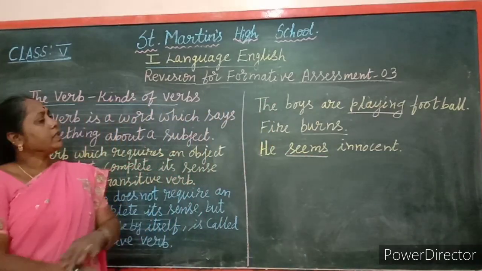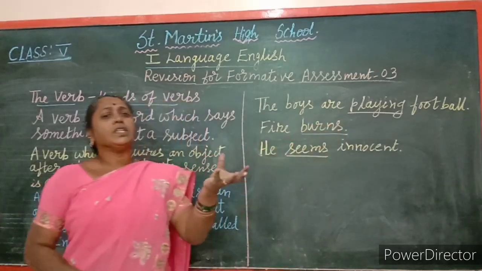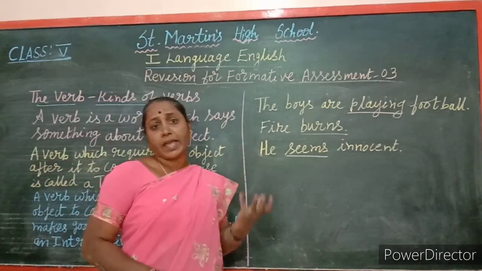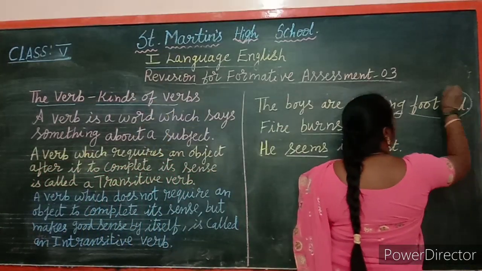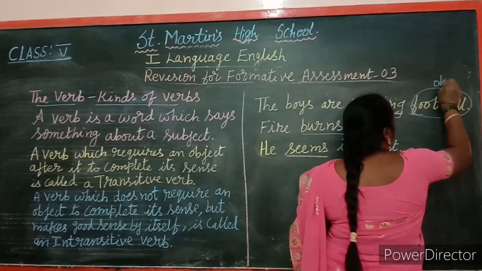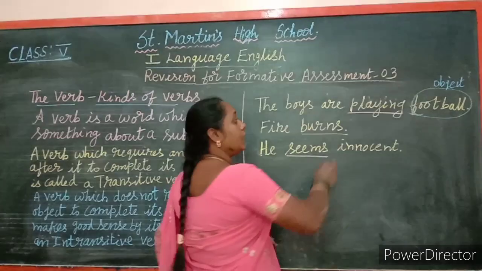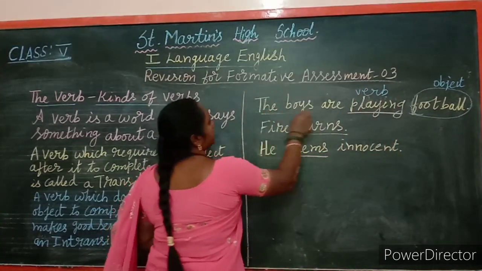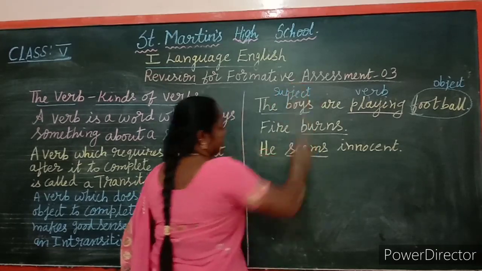Now look at these sentences, children. The boys are playing football. So here something is receiving the action. What is receiving the action here? Football. Football is the object, whereas playing is the verb. And boys is the subject here. Yes.